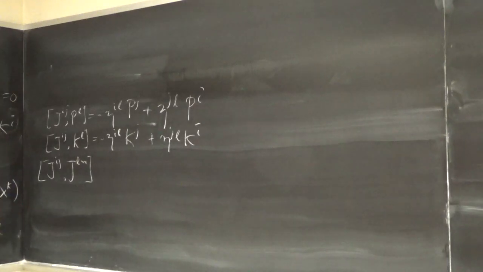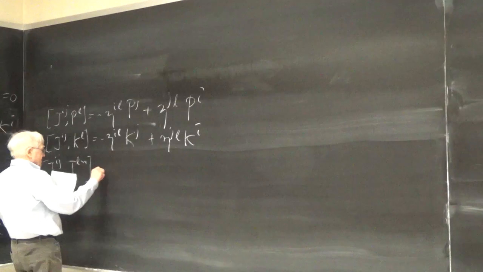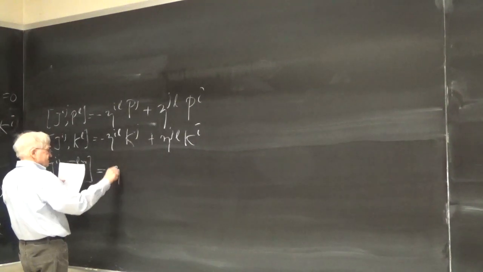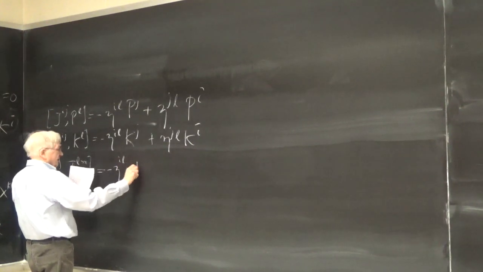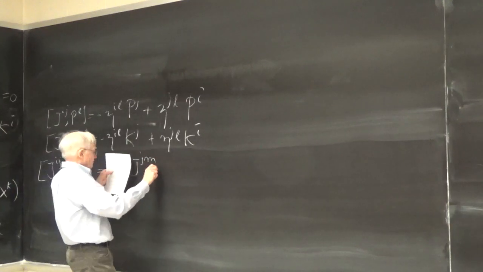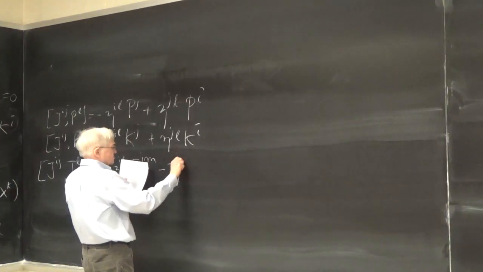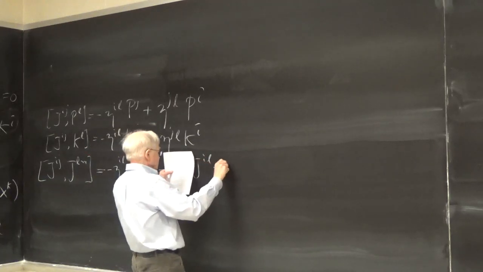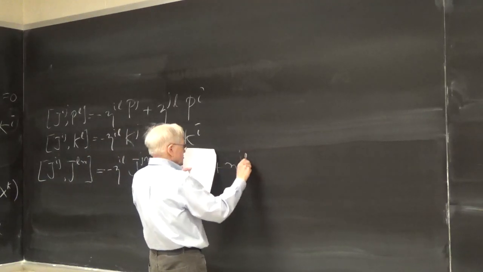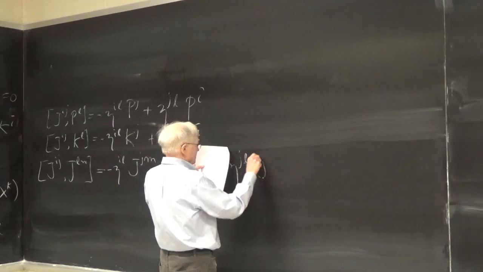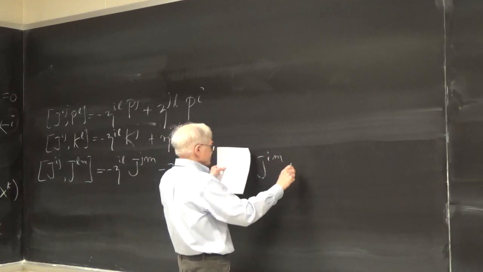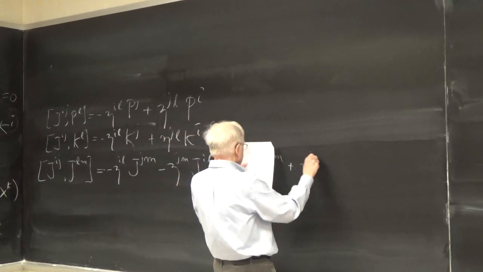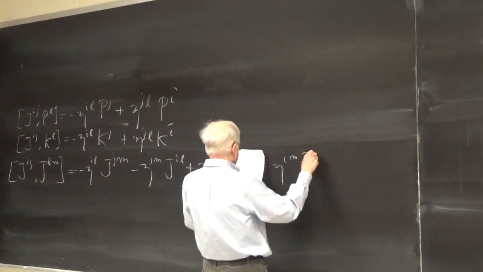Then there's the commutator of 2 generators of Lorentz transformations, and this is minus eta IL JJM minus eta JM JIL plus eta JL JIM plus eta IM JL.